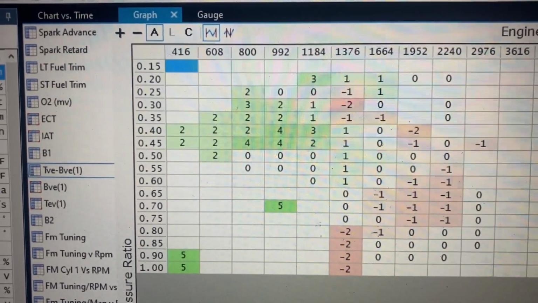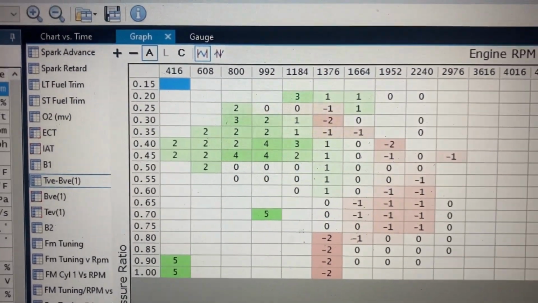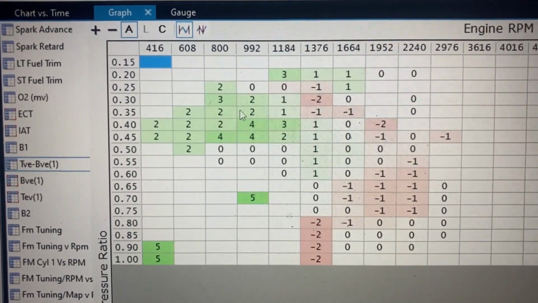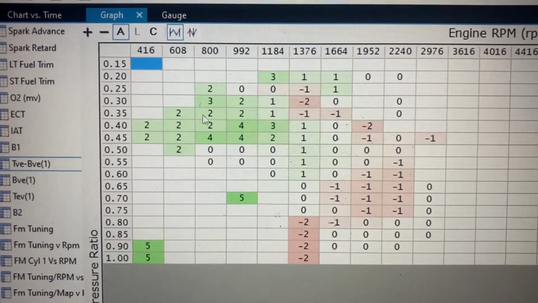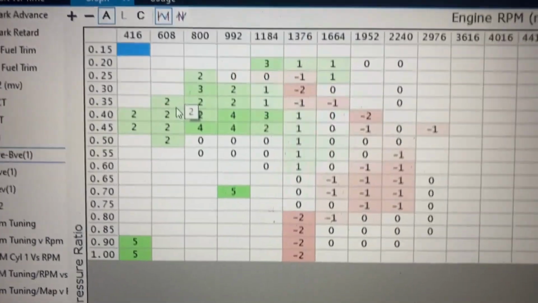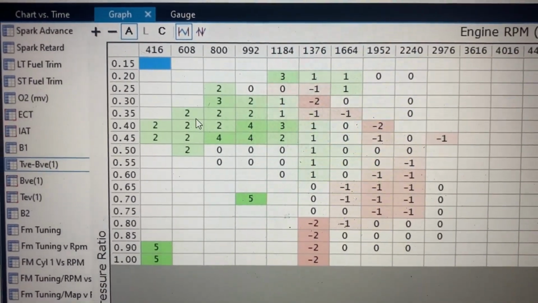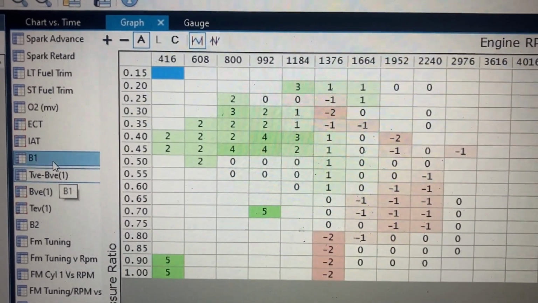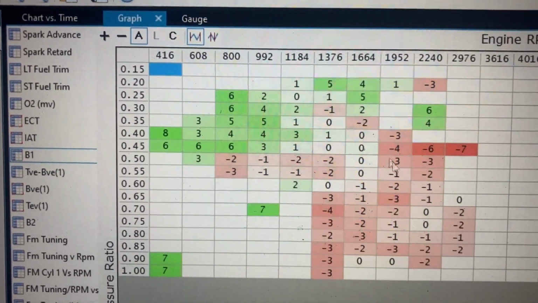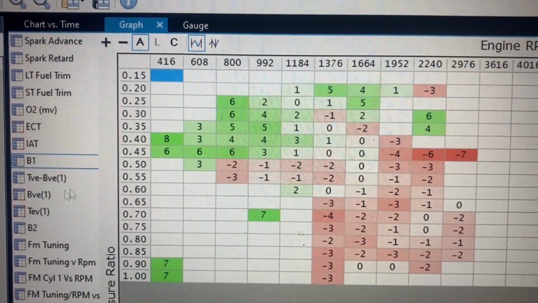Now, you can see that's what the total VE minus base VE. That's what our numbers are. Now, if we go back to our B1 number, you can see how far out that B1 was. All right.